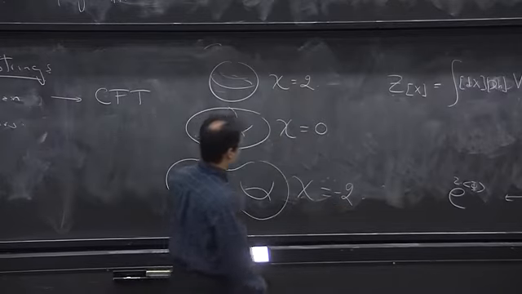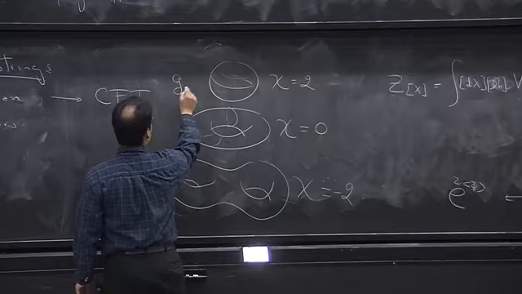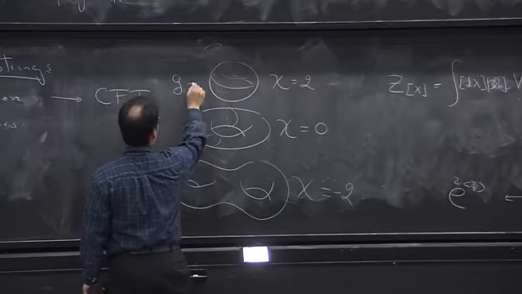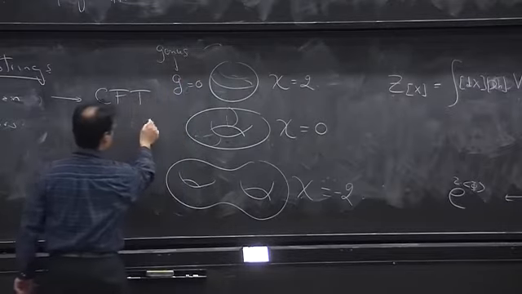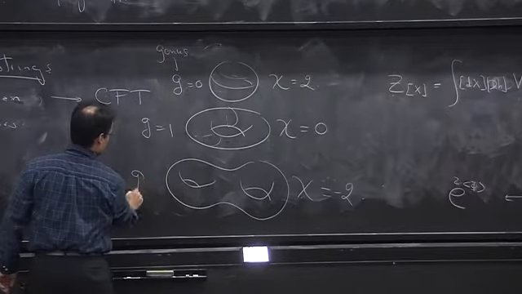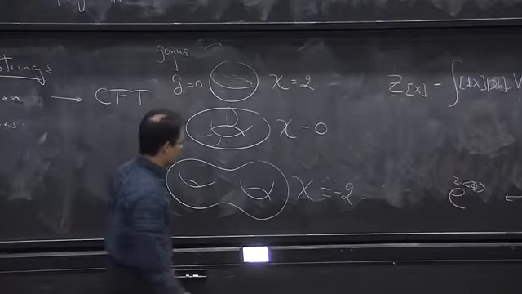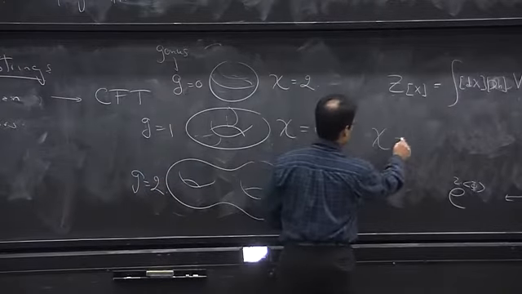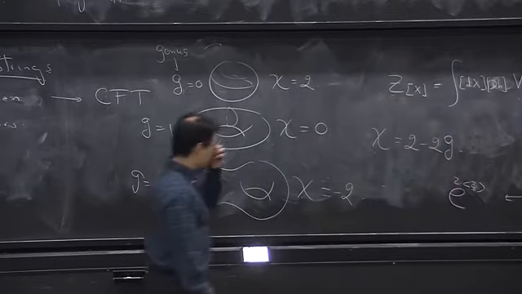Of course, in general, you know that if we have a surface with genus G, then the Euler characteristic will be 2 minus 2G. Okay?